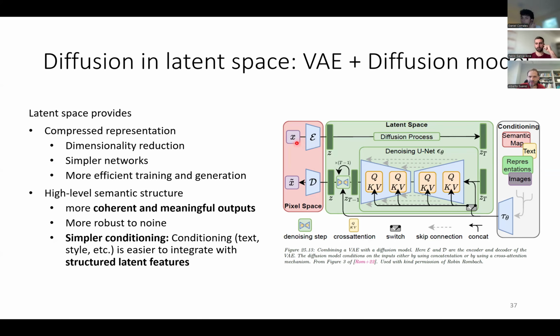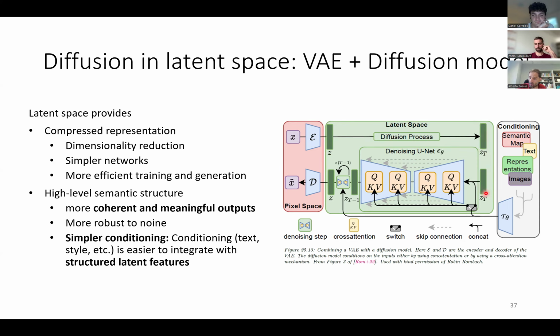Here, for instance, the original image X is encoded into some latent space. In this latent space, you do the forward diffusion process, and then you have a representation in the latent space that is noised. So this would be the forward injection process.